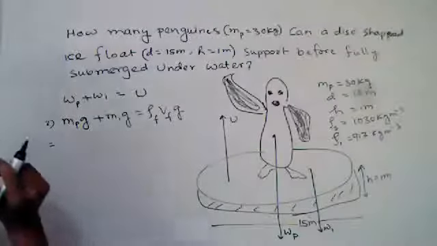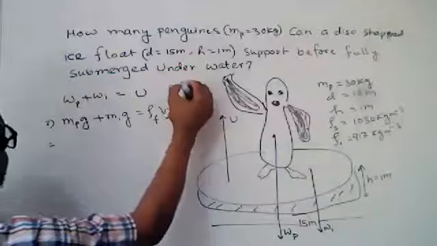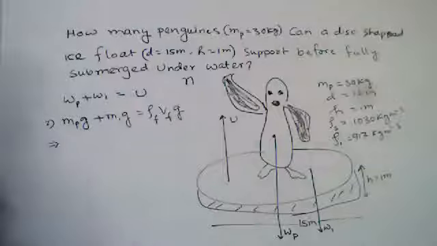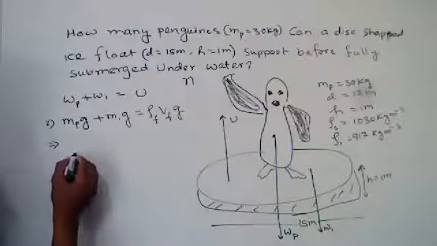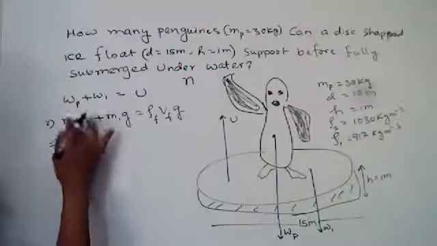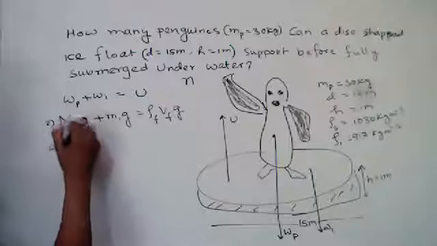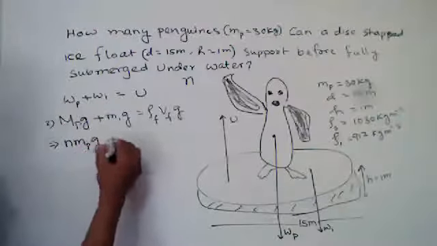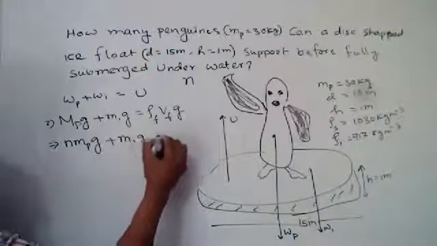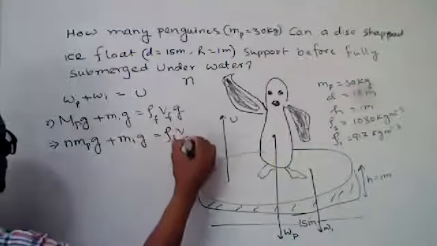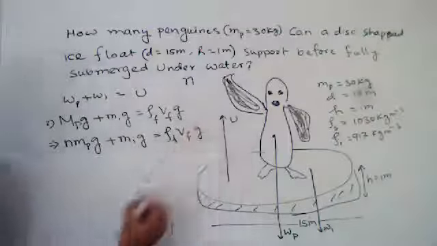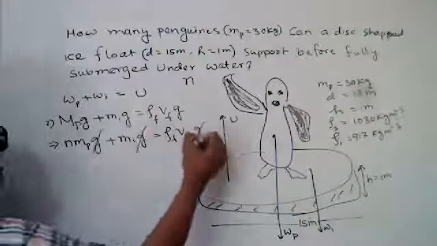Suppose the number of penguins is small n. So the mass of the penguins will be n MP, where MP is the capital MP. So n MP into g plus MI g equals rho F VF into g.